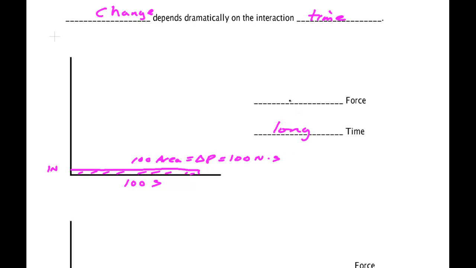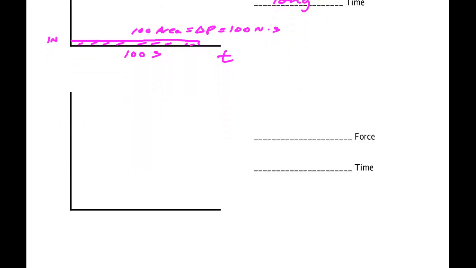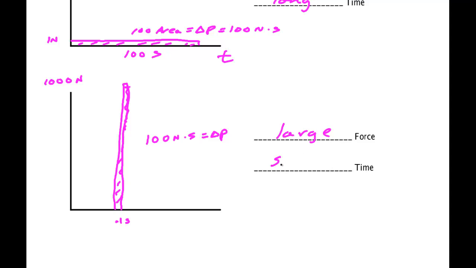Long time, small force. On the other hand, you can get 100 newton-seconds doing it like this. 0.1 second, 1,000 newton force. 100 newton-seconds equals delta P. Large force, small time.